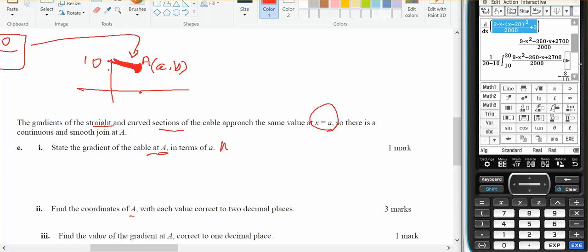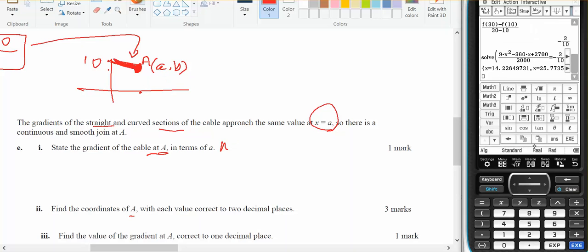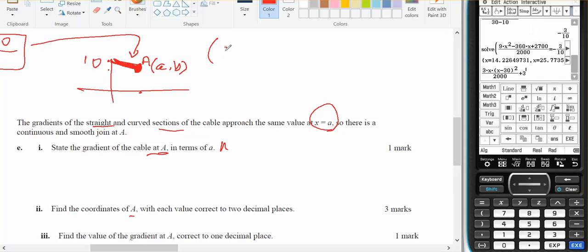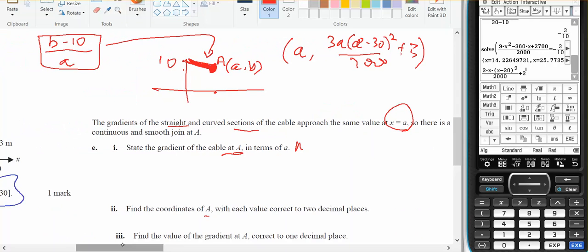So if I copy that, now if I replace x with A, then that coordinate there is going to be A and 3A(A minus 30) squared on 2000 plus 3, which means the gradient of this line, which will be the same as the gradient at point A, will be this if I use this for B.